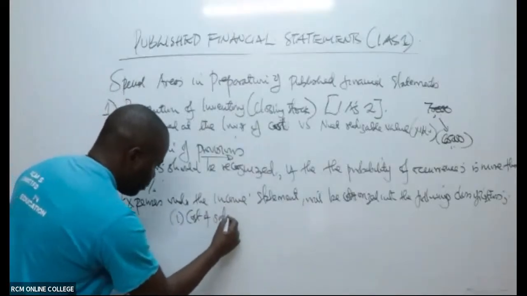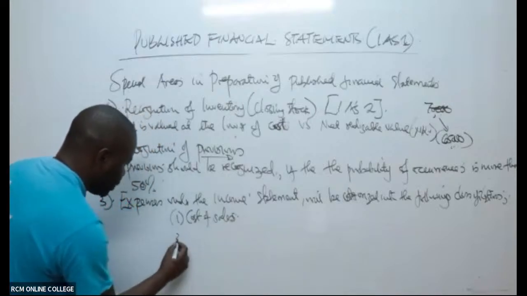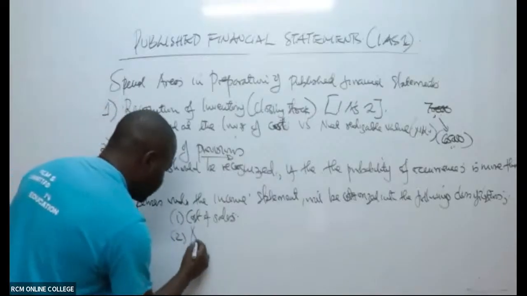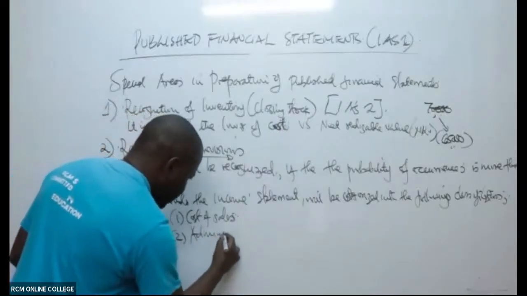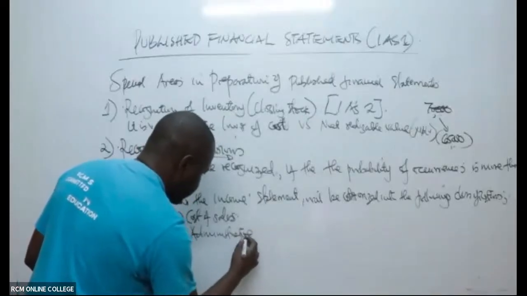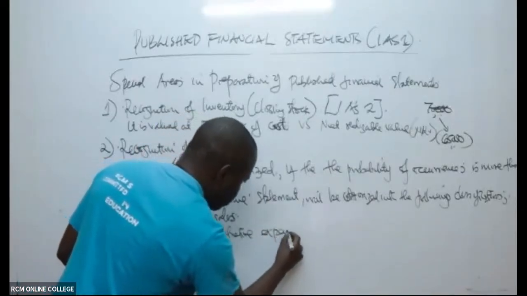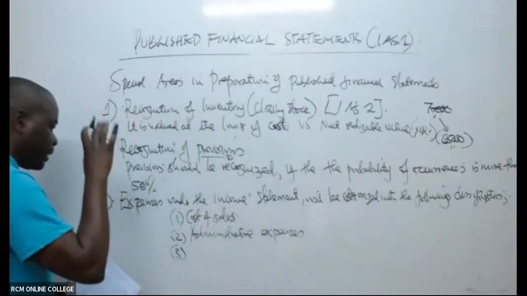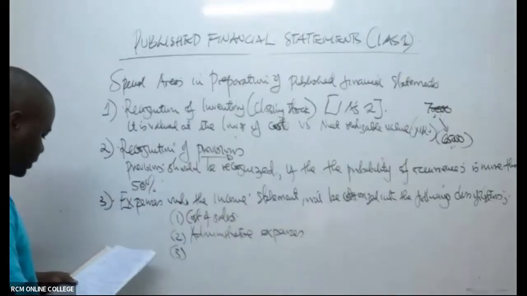Cost of sales will be one figure, so you don't do the normal way we do it. Then administrative expenses will be one figure. Don't go for the option of dividing electricity separate, depreciation separate. We'll bunch them together as administrative expenses. Then we plug the figure into the published financial statements.